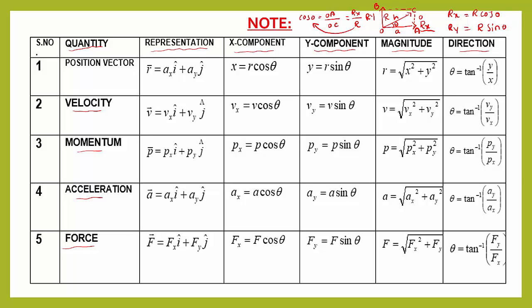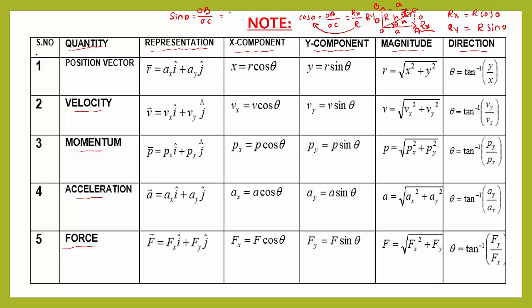Similarly, for the y component, Ry, here also I can take angle theta. Angle theta is here, this is the opposite side, this is the adjacent side, and this is the hypotenuse. We want the value of Ry. Here we know the opposite side and the hypotenuse, so the suitable function is sin theta. Sin theta equals opposite divided by hypotenuse. Here theta is here, the opposite side is OB divided by the hypotenuse OC.